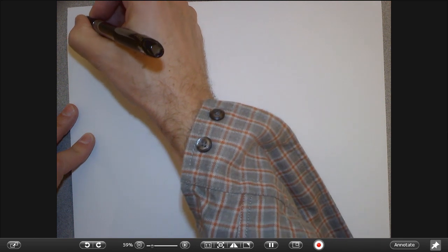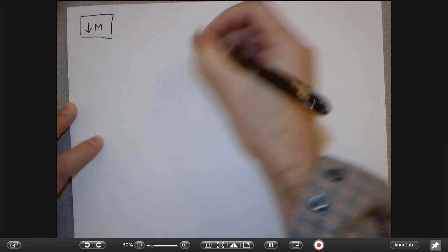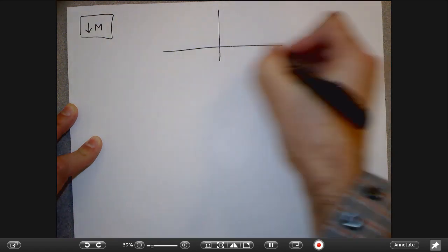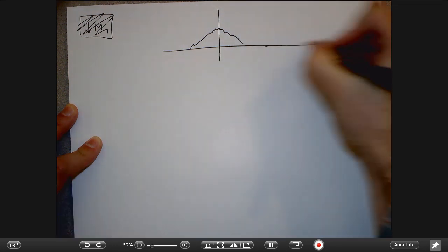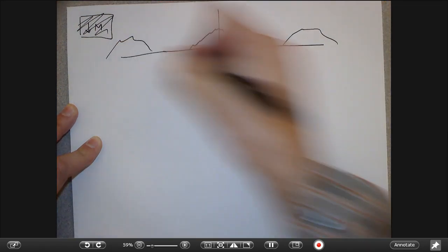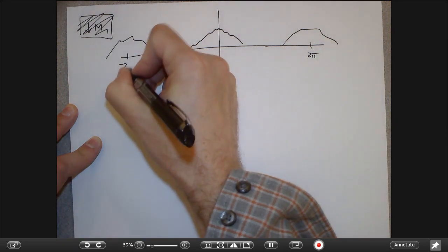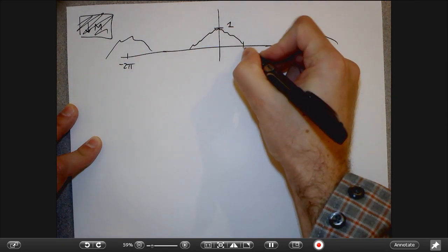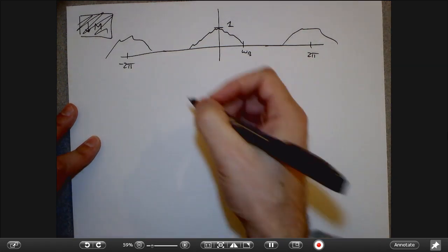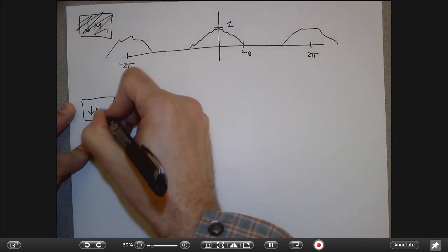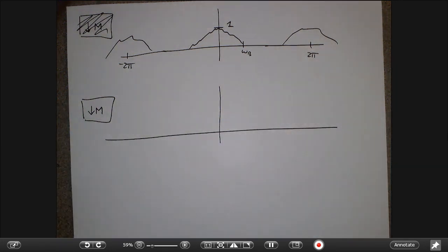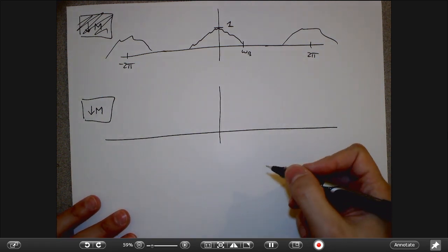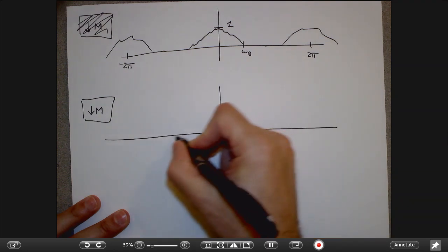So let's do a quick recollection. If I downsample by M in the frequency domain, and this is my original signal in discrete time, again this is a DTFT, so it has to be 2 pi periodic, and let's suppose this has height 1 and some band limit omega b. If I downsample by M, each of these copies spreads out by a factor of M and also squishes down by a factor of M. So what I get is something like this.